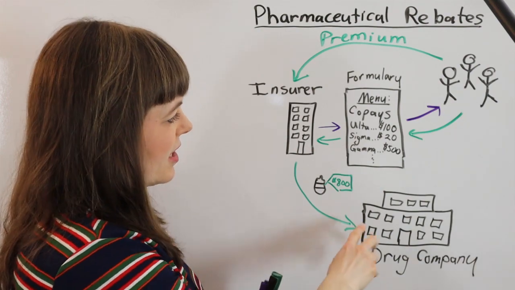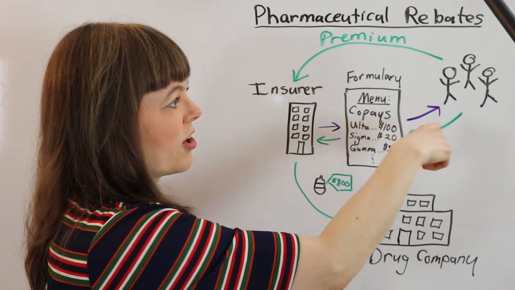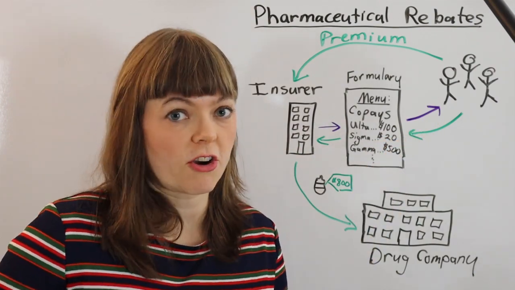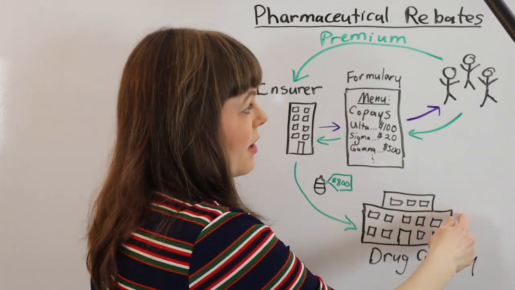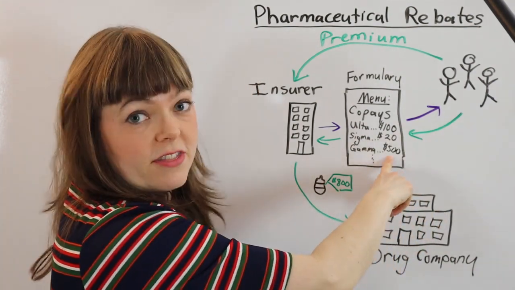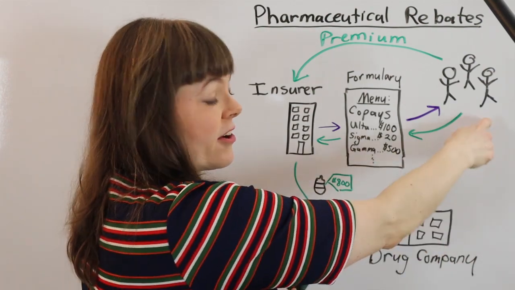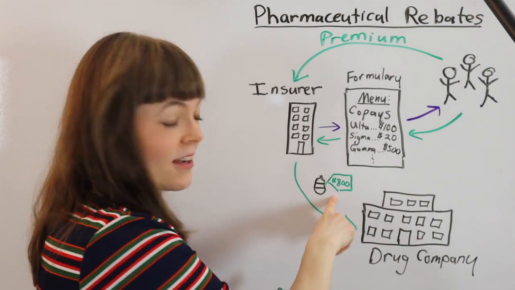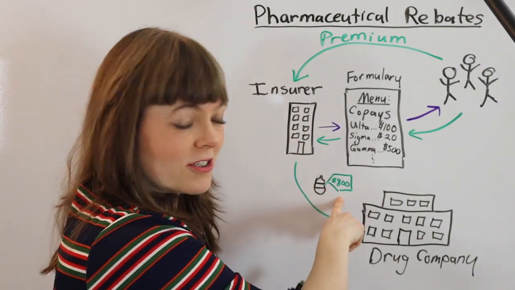But the situation here is the drug company is really upset that the insurer has nudged everybody toward the generic drug. So what do they do? They give the patient a rebate for that drug directly. So they say, the insurer is charging $500, so we're going to have a $500 rebate, and we're going to increase the price of our drug to the insurer by $500.